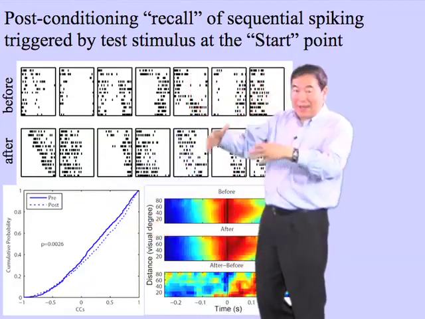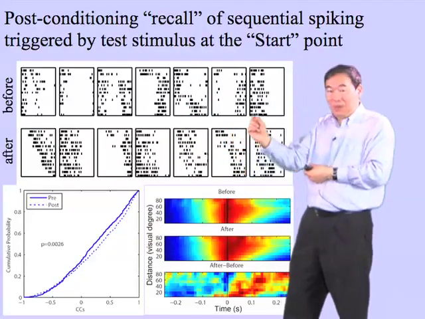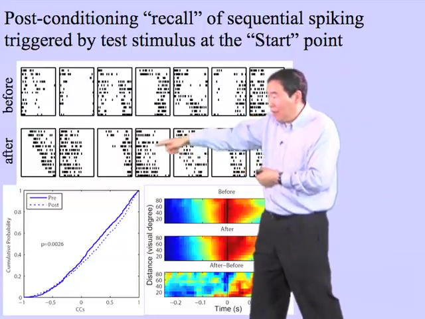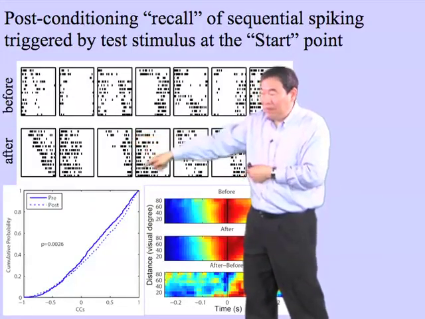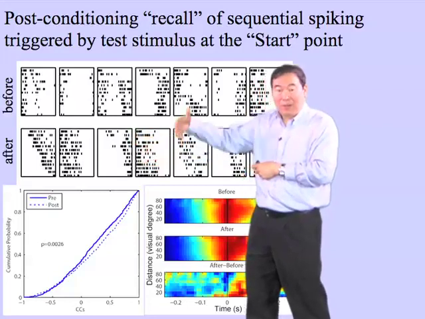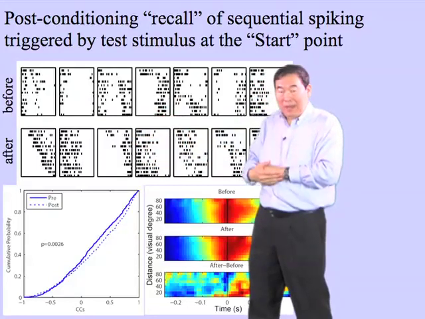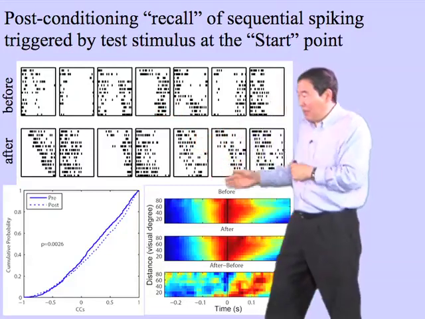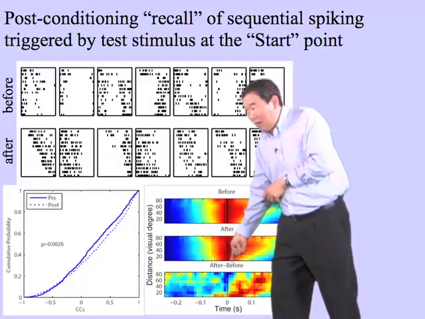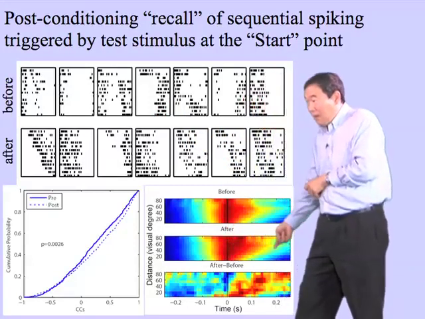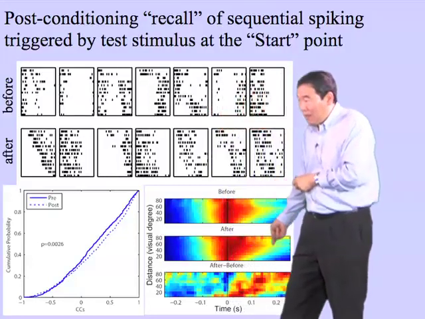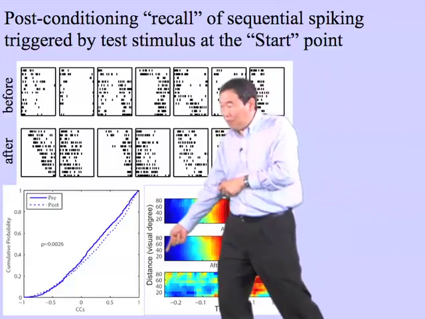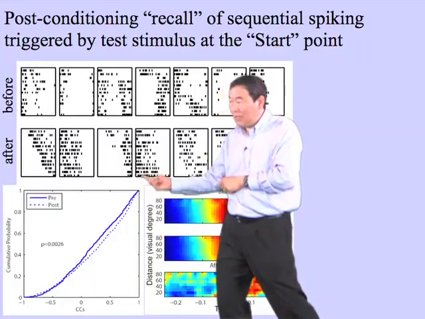Now one can do another analysis about correlation between the firing of all the pairs of cells before and after their conditioning, and look at the difference. And the difference shows that there's a clear increased correlation that has a distribution of correlation proportional to the distance between receptive fields.